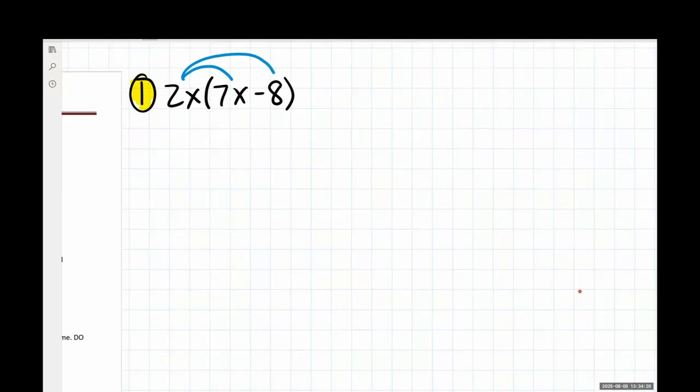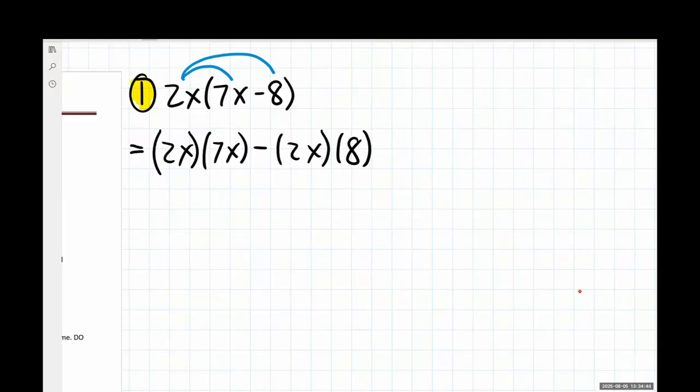Now, as necessary, this is you on an individual level, actually write out for yourself 2x times 7x minus 2x times 8. This right here is technically an optional step.